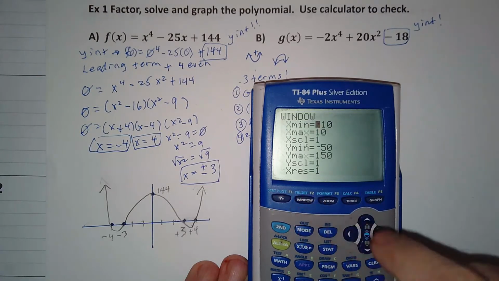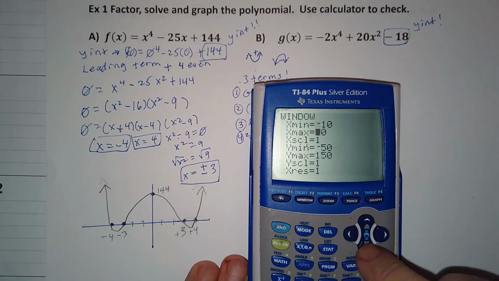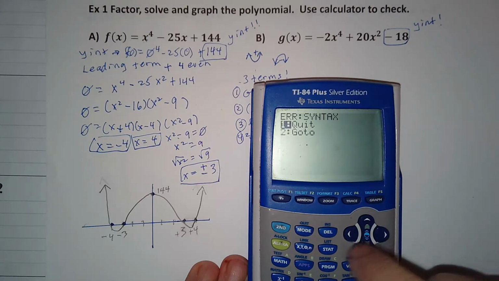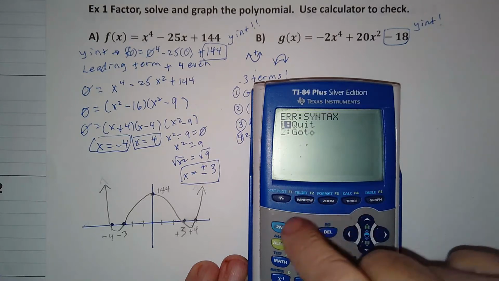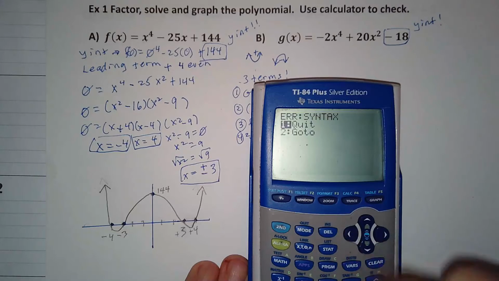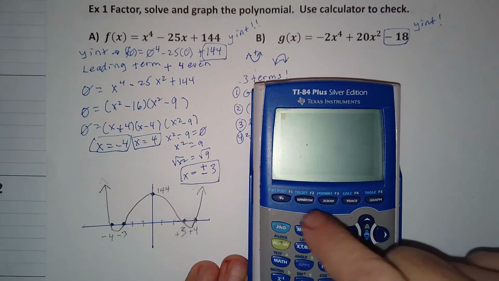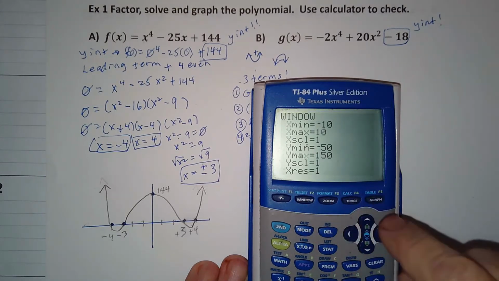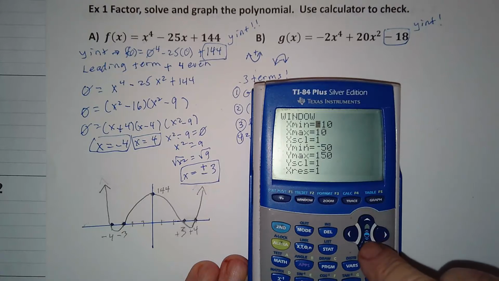The window, let's use the original settings. So y min is -10, y max, that's what's going on. That's not what I wanted to do. Back to the window. Clear. Okay, -10, +10.